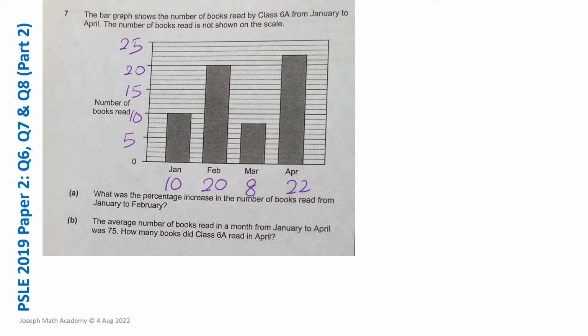So I'm going to plug in all the units next to the values for each month. So again, in January, 10 units of books were read. In February, 20 units of books were read. In March, 8 units. In April, 22 units. Now, question A. What was the percentage? Okay, what was the percentage increase?